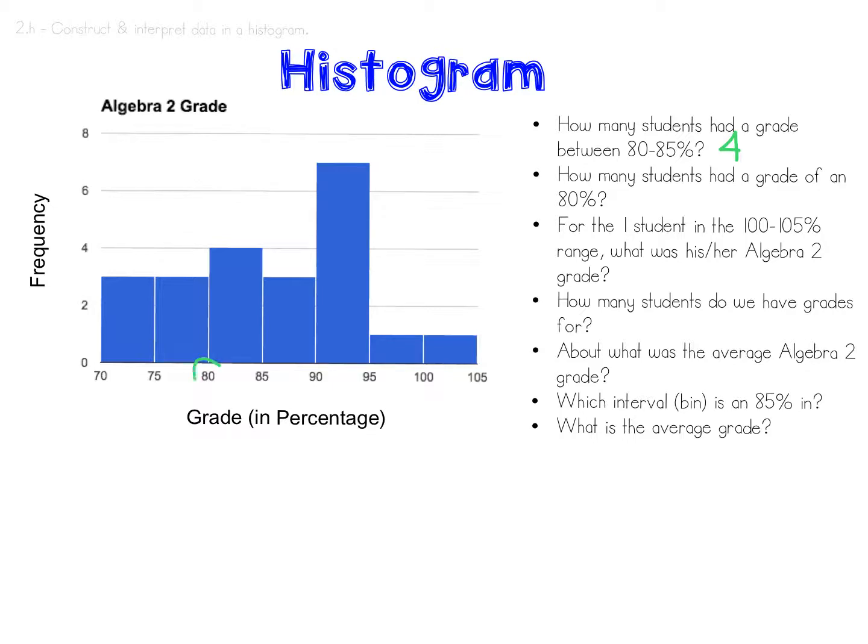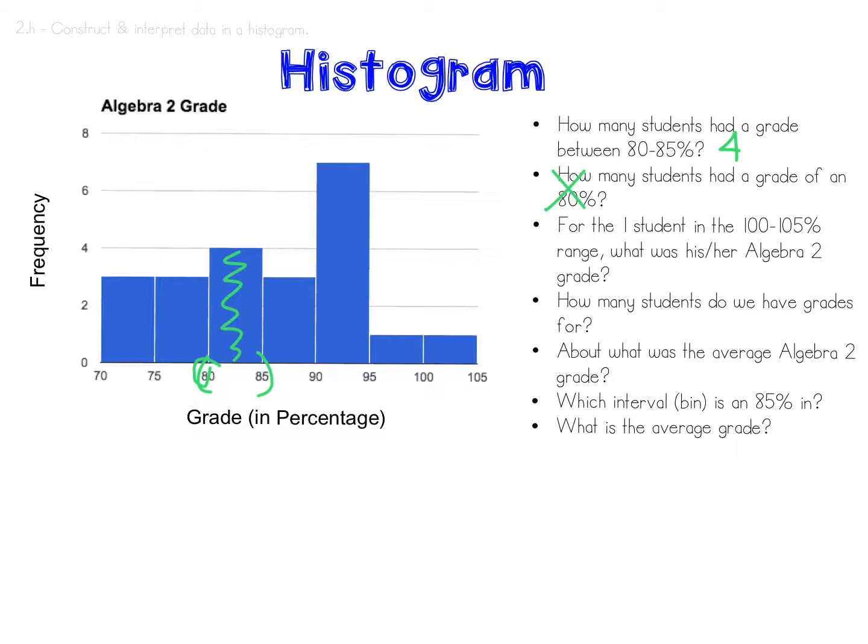So I do know that the 80 is right here. There is a possibility that there are 4, that all 4 of those in this category are 80s. But there's also a possibility that none of them are 80s and the rest of them are 82s and 83s and 81s and 84s. So I actually can't answer this question of how many students had a grade of an 80 based off of a histogram because I only know an interval that's occurring, that class from 80 to 85. I know how many fell in that interval, but not specifically within the 80.